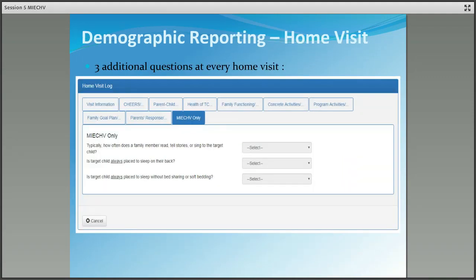At every home visit, workers at MCV programs must answer 3 additional questions that you can see now on the slide. Again, these items are under the MCV tab on the home visit log form. Workers must report how often PC1 reports that family members read, tell stories, or sing to TC, whether the target child is always placed to sleep on their back, and whether TC is always placed to sleep without bed sharing or soft bedding.